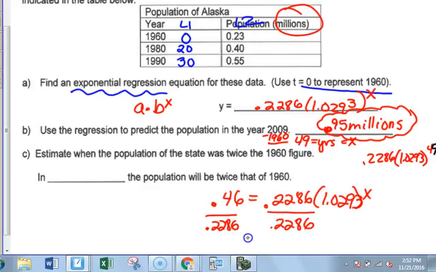I got 2.012 equals 1.0293 to the x. Then I have to take the log of both sides and divide.